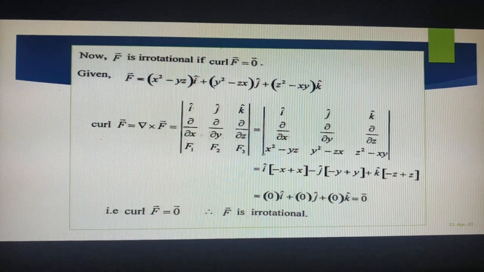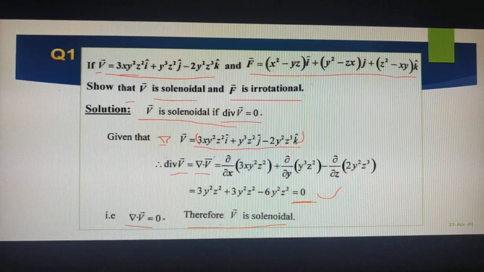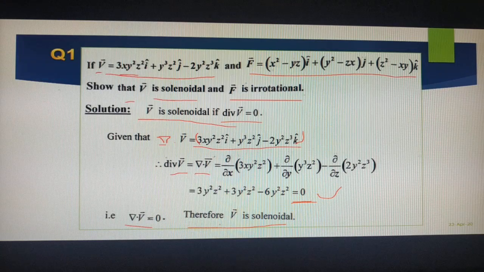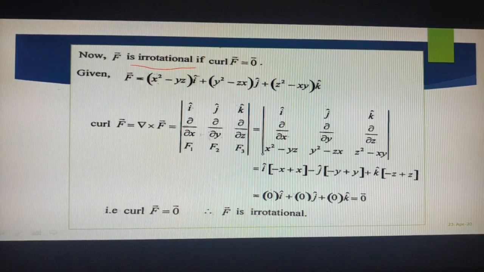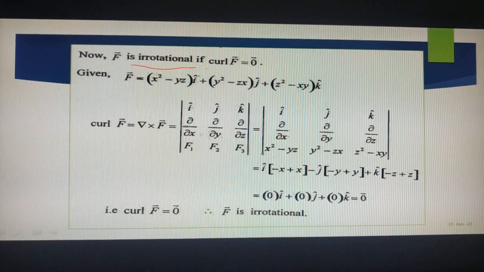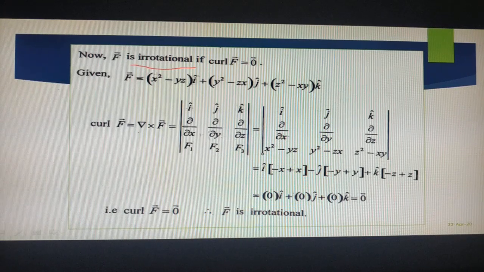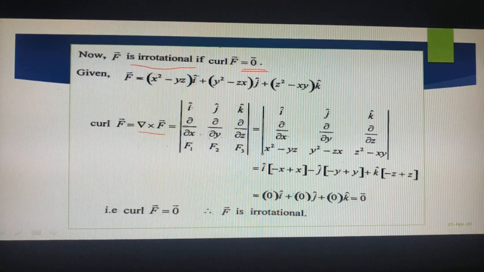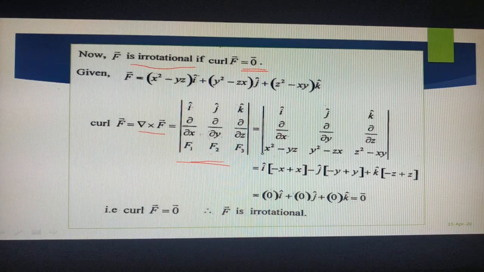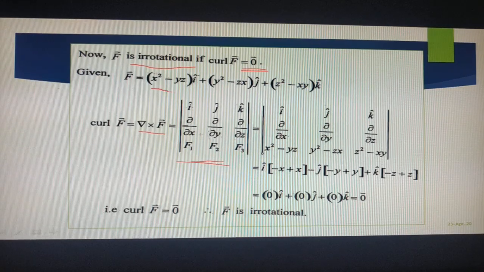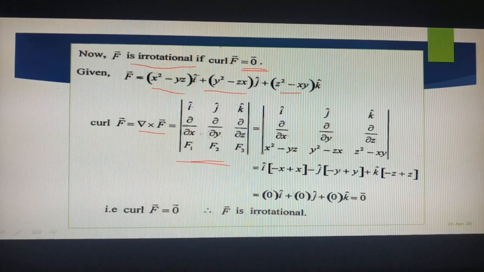Let's see then. There is one more vector field given, F bar, and we have to show that the vector field is irrotational. When can we say it is irrotational? When you take the curl of this vector field, nothing but del cross F bar, we should get the 0 vector. The del cross F bar formula you know: i, j, k, dou by dou x, dou by dou y, dou by dou z, and F1, F2, F3, which are the components of your vector. These three are the components.